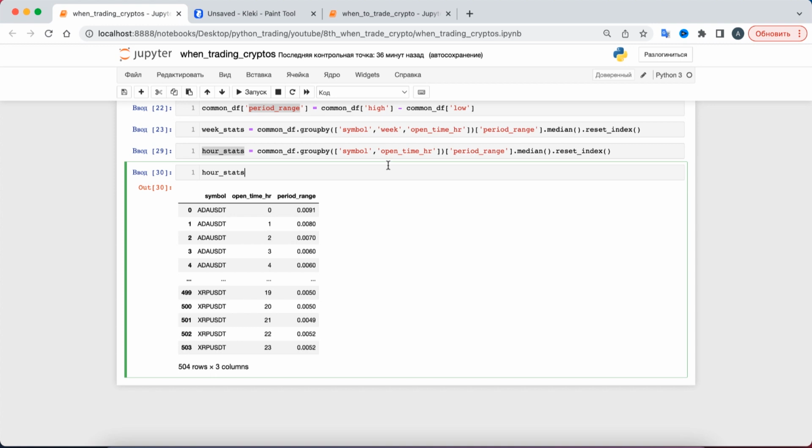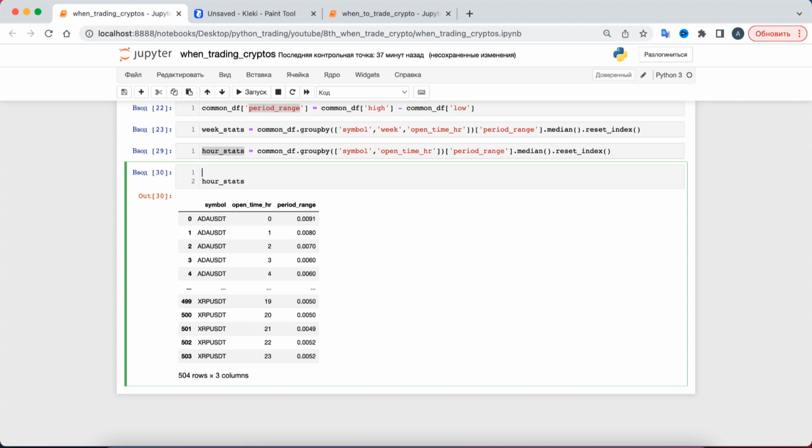And this data has an answer to our main question: what hours are good to trade, are volatile to trade cryptocurrency, or what are not volatile. But we don't have all the data here, in my opinion. We need to have, for example, the top 3 hours for every asset.